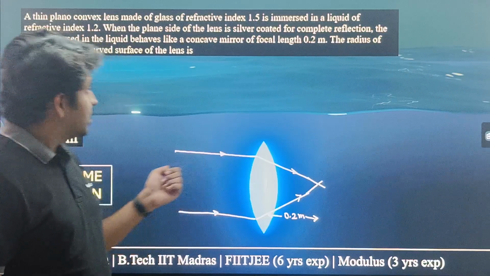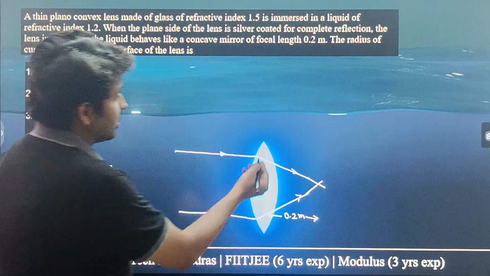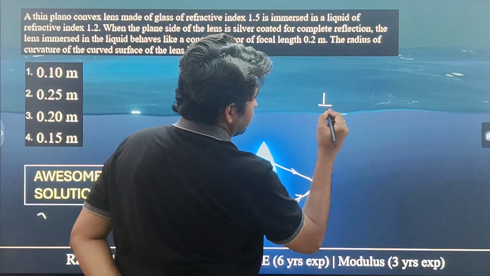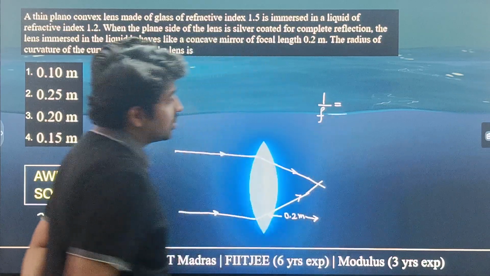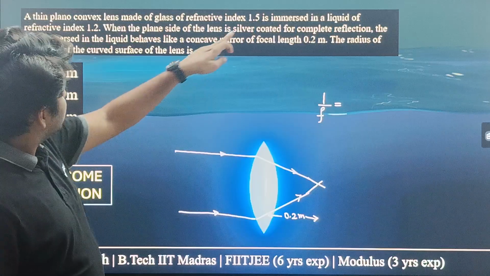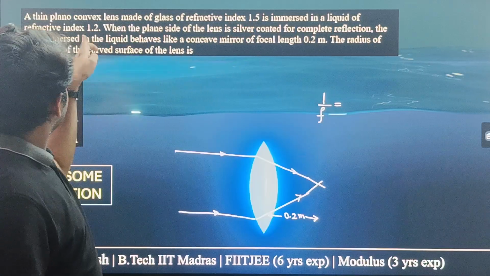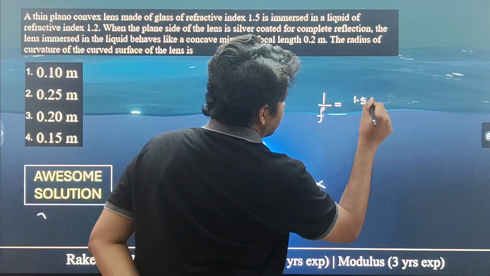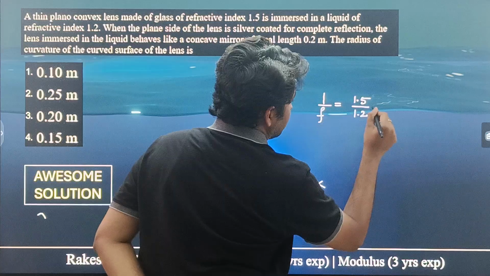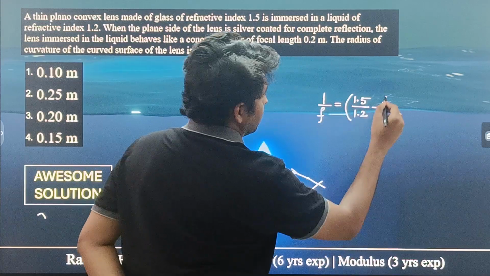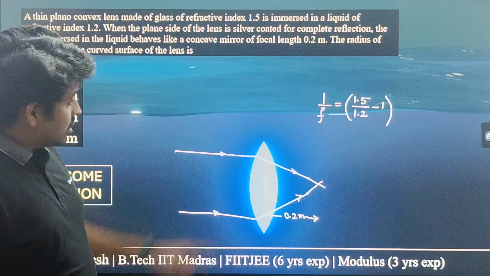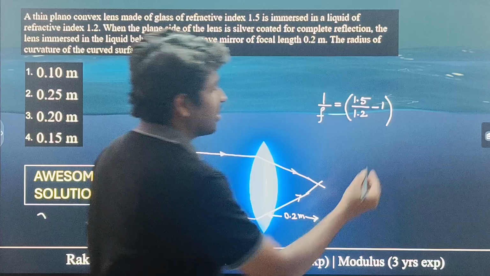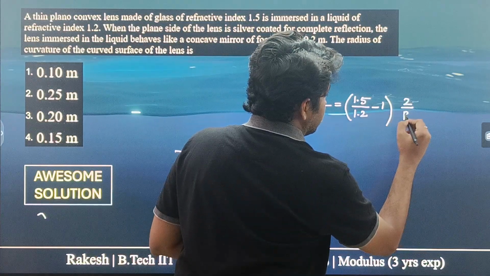So directly, what can we write here? 1 by f equals mu 2 by mu 1 minus 1, where the lens is 1.5 and the liquid is 1.2, so 1.5 by 1.2 minus 1, into 1 by r1 minus 1 by r2. Putting the correct signs, directly we can write this as 2 by r.